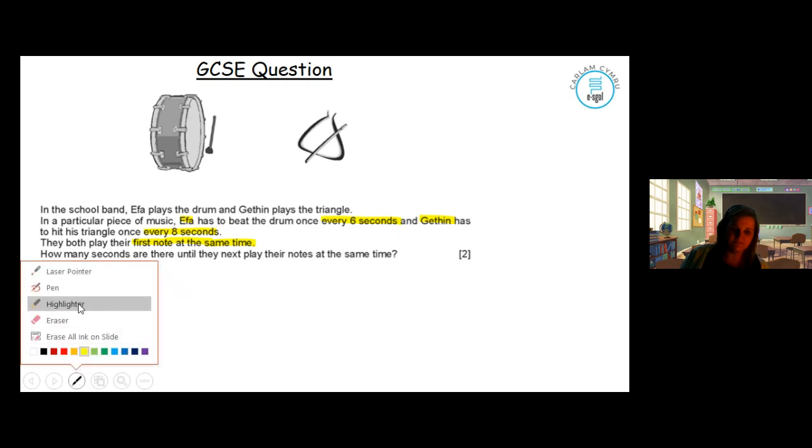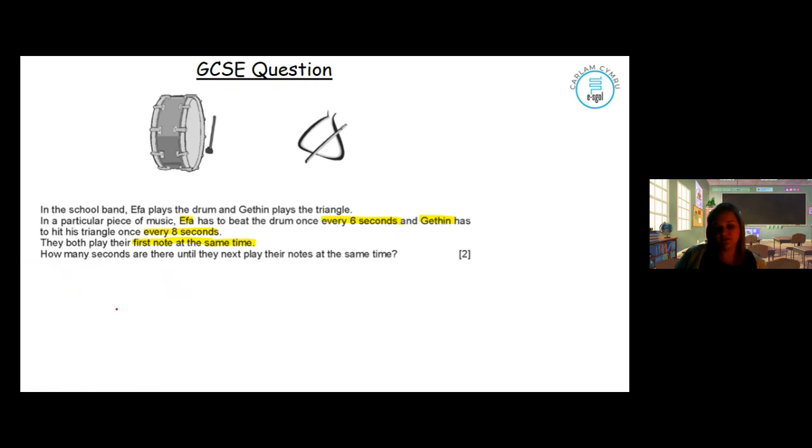So this is a multiples question that is hidden. It doesn't say use the lowest common multiple, but that's what it is. So we are going to write out Eva, and we're going to tell the examiner what we're working through. When they first start, they begin on 0.